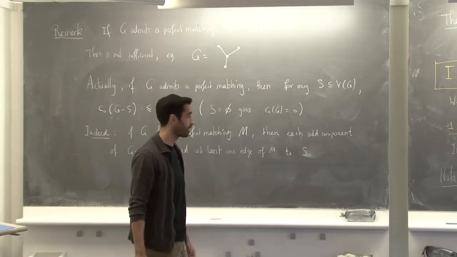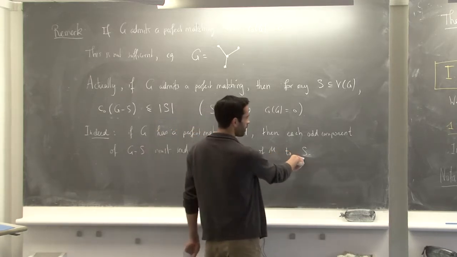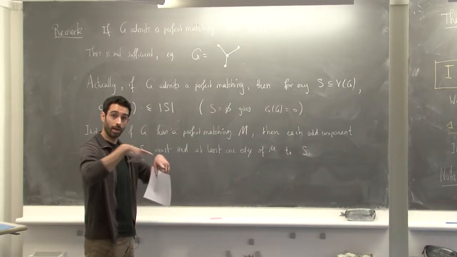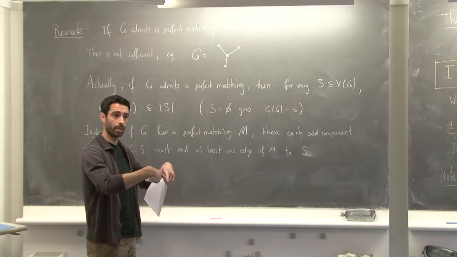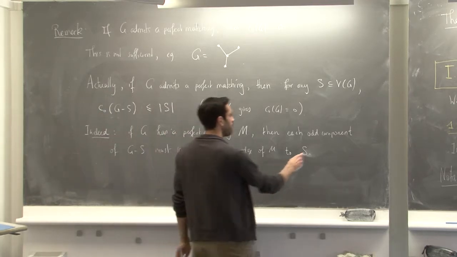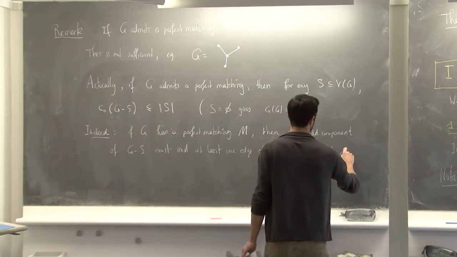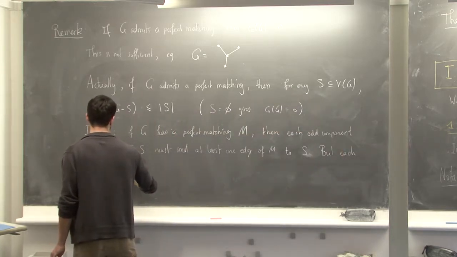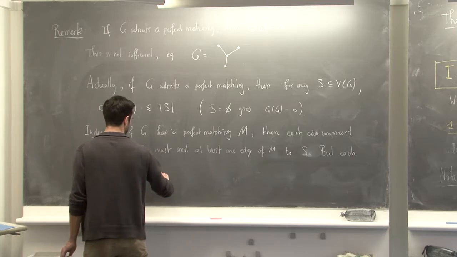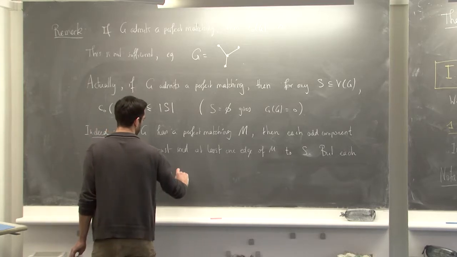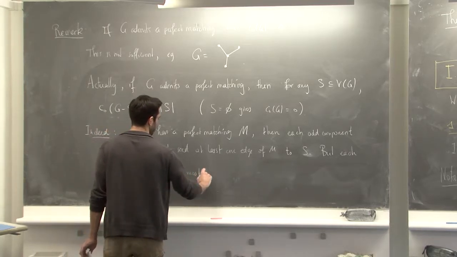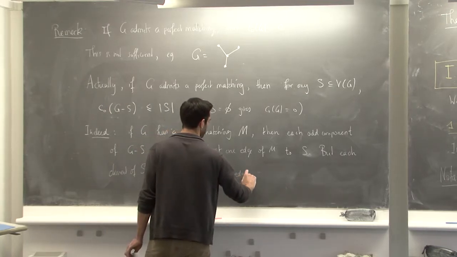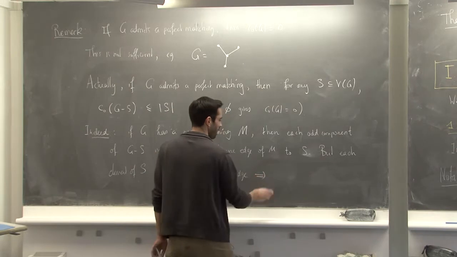But then each element of S receives at most one of them, because it's a matching. You cannot have two edges of M going to the same element in S. So each element of S receives at most one such edge. So we have an injection.